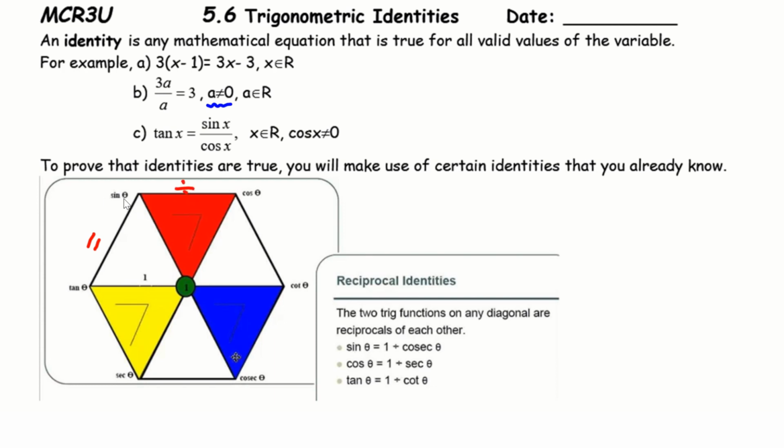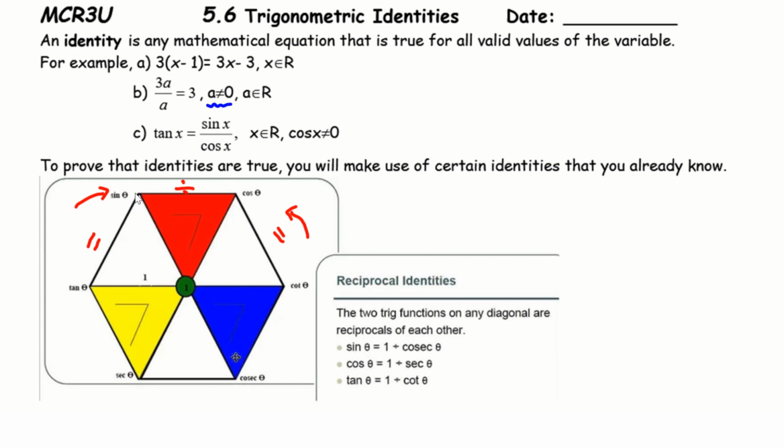And it's true, sine theta equals cosine theta divided by cotangent theta. All go backward. So cotangent theta equals cosine theta divided by sine theta. So either go clockwise or counterclockwise, equals divide, you could have one trig identity.